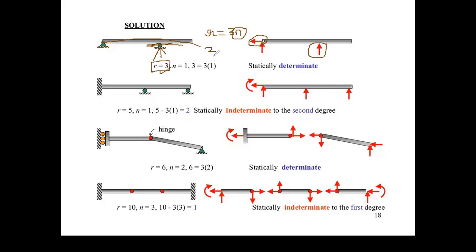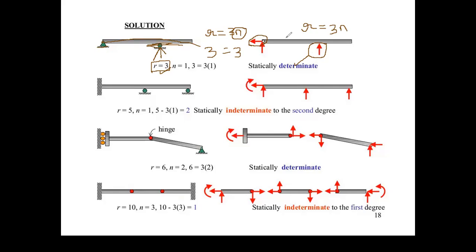R is 3, that is equal to 3 into 1, 3. 3 is equal to 3. So if this is the case, whenever R is equal to 3N, what does that mean? It is a statically determinate structure. Clear?